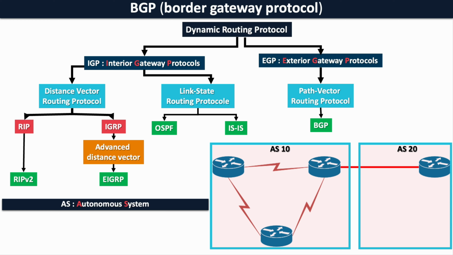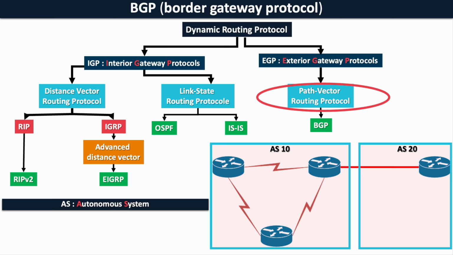That is, it makes its routing decisions based on the rules set by the AS administrator. BGP is a path vector routing protocol. Communication between routers is done with a TCP session on port 179. BGP is the only routing protocol that uses TCP for transport.